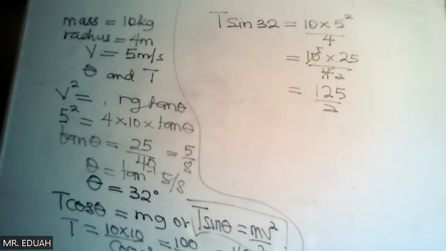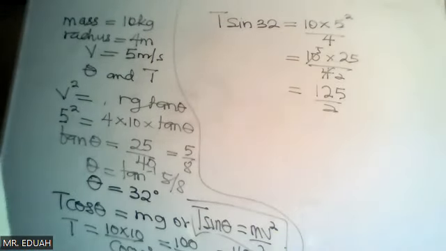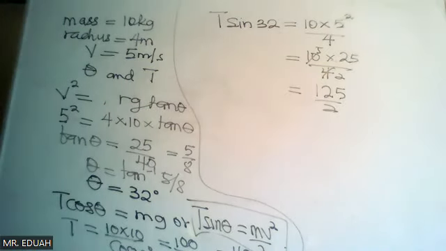The brain working question. So please, do you need to use gravity in the solution? Yeah, gravity is giving us 10 meters per second squared.